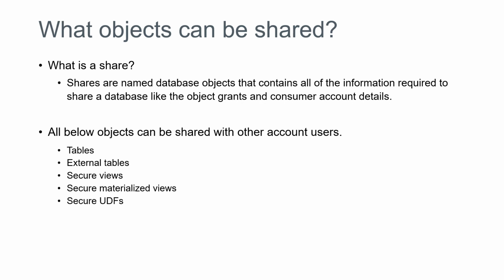If you see here, I mentioned only secure views and secure materialized views. That means we cannot share normal views and materialized views. Only if it is a secure view or secure materialized view can we share it. We'll see this in practice. We can share only secure views and secure materialized views with consumers.